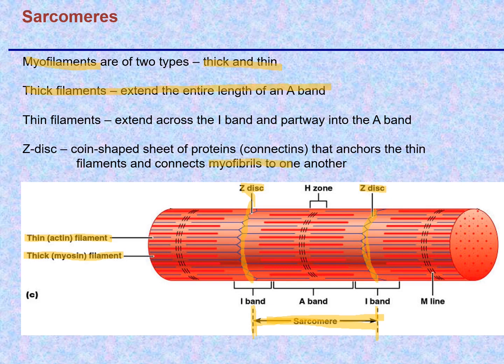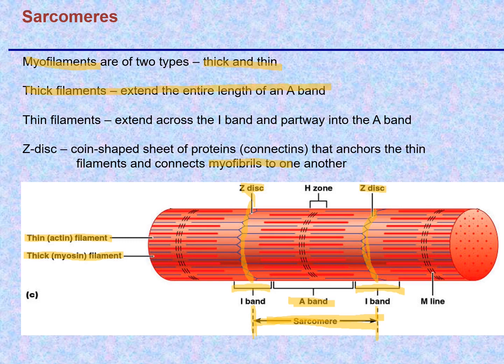The thin filament is in what's called an I band. The Z line goes right through the middle of an I band, and on the other side is the other I band. And in the middle you have the A band. If you recall on the earlier slide showing the striations, the A band was the darker striped band, and the I bands are the lighter ones.